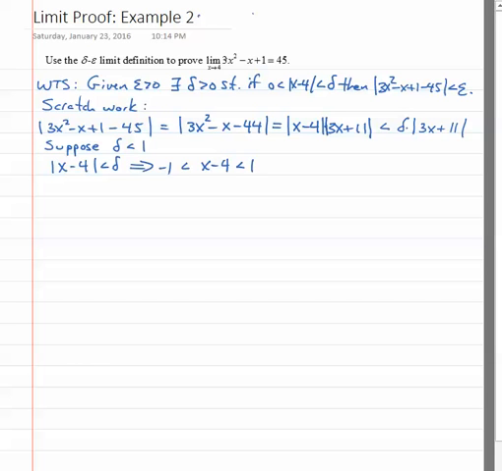We can add 4 across the inequality, which will give us 3 less than x less than 5. We can multiply by 3, so 3 times 3 is 9, less than 3x less than 3 times 5 is 15.